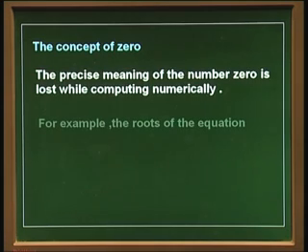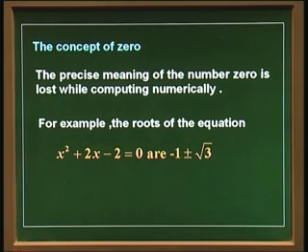This has an interesting consequence. As I said, we have something called a machine epsilon, that is the smallest number which can be represented on the machine, or the smallest number which when added to 1 would give you a number different from 1.